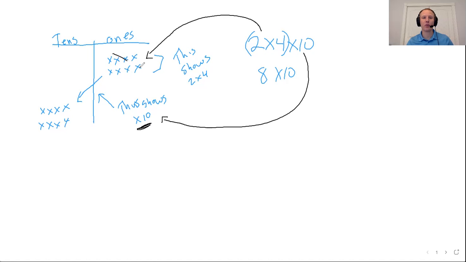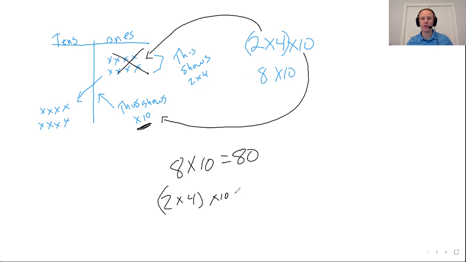Once we do that, they are gone from the ones column, and the result is that we have 8 things in the tens place. So 8 times 10 equals 80, or the original problem, 2 times 4 times 10 equals 80.